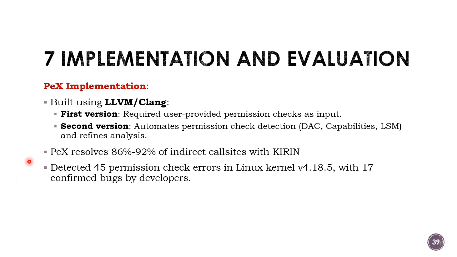And the second part is that PACS resolves 86% to 92% of indirect call sites with K-Miner, and it detected 45 permission check errors in Linux kernel version 4.18.5, with 17 confirmed bugs by developers, as mentioned before.